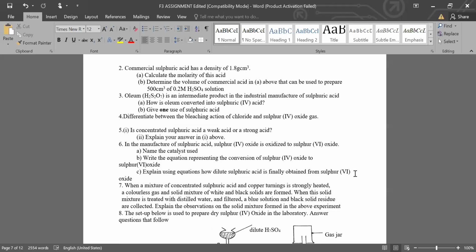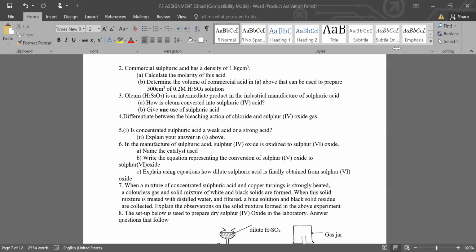So first of all, the SO3 is added to concentrated sulfuric(VI) acid to form oleum, which is H2S2O7.